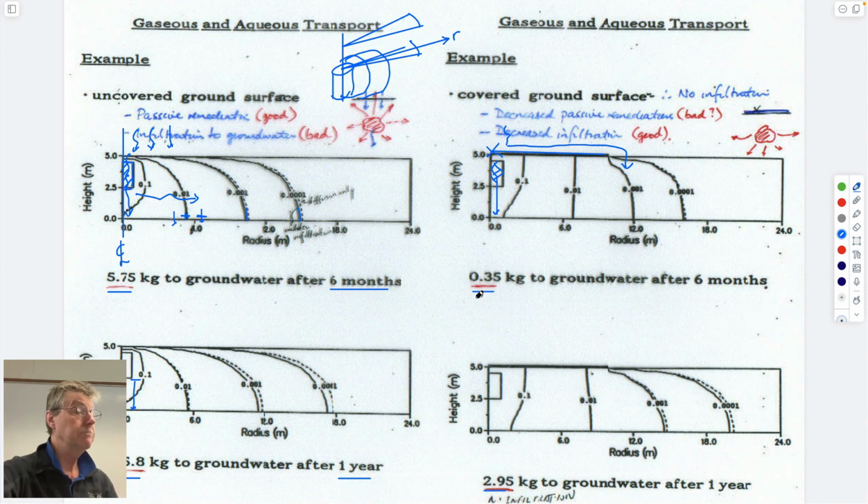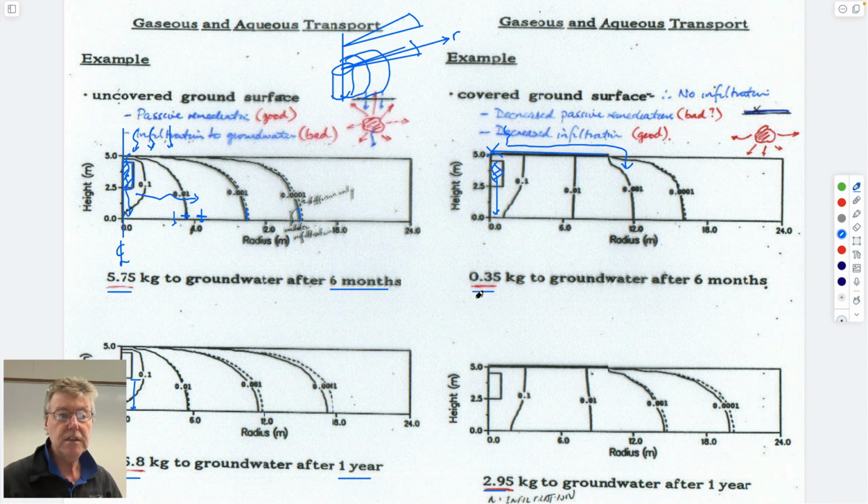That's what we'll talk about. So to get to the groundwater zone, it has to go through the vadose zone. We've talked about it getting hung up there, being able to volatilize and diffuse and perhaps move to the atmosphere and be lost to the atmosphere. As it turns out, if it's diffusing laterally, it doesn't put much loading on the groundwater table.